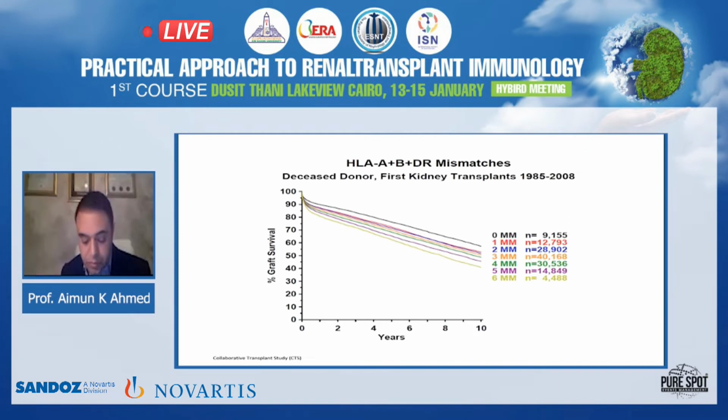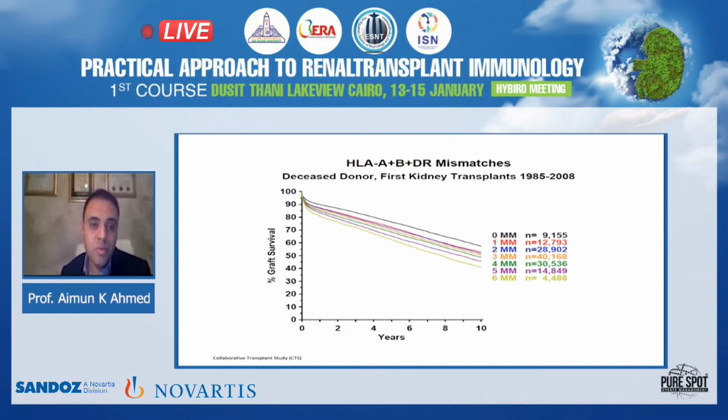I will quickly review the outcome of these immunological risks and of HLA incompatible and ABO incompatible transplantation, and also the mismatch in the DR. If you look at the first data from the Collaborative Transplant Study, we can see that with more DR incompatibility or mismatching, there is worse graft survival.